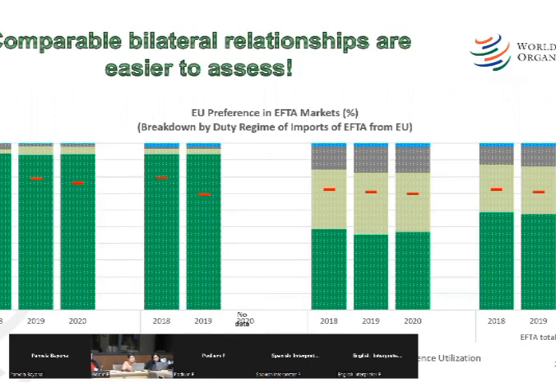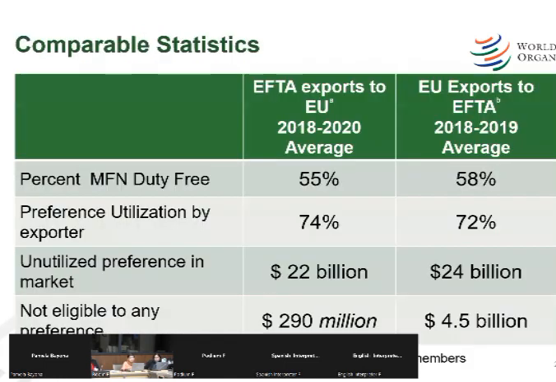And this is now EU preference in EFTA markets. So without comprehensive data given by the EU and the 3 or 4 EFTA members, we would not be able to give this very detailed analysis. So in terms of comparable bilateral relationships, these are easier to assess when you have the data as provided by these members to the IDB. In fact, we even have very detailed information, comparable statistics, because the data are available in our database.